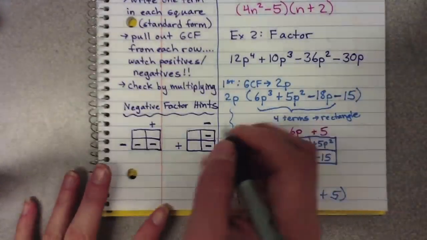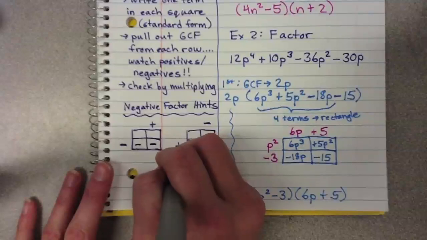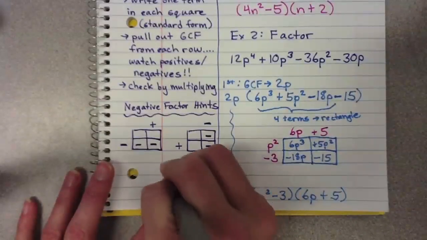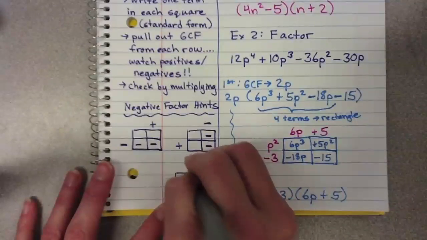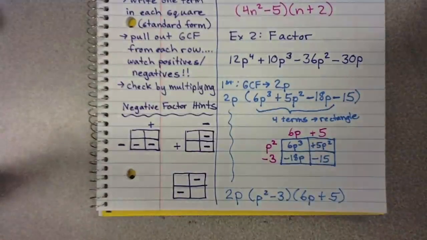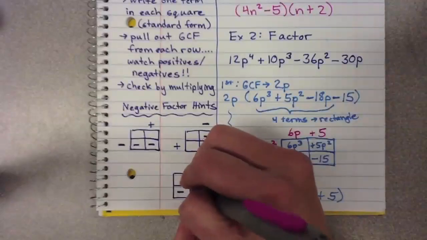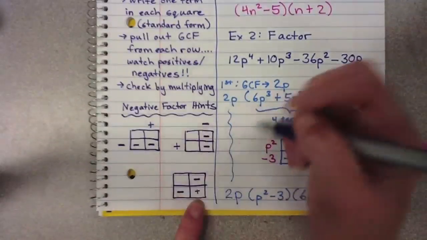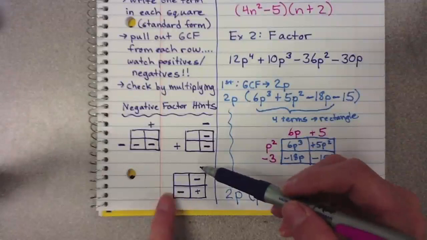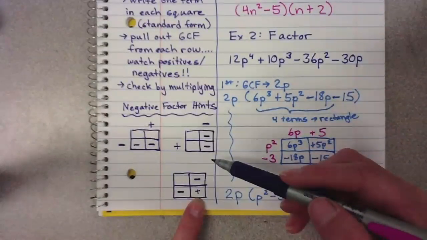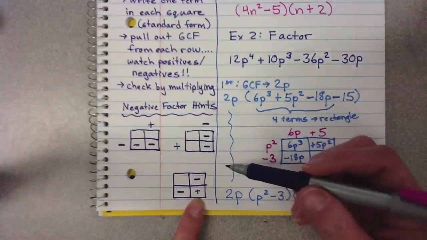And then the other one that you're going to see a lot is the diagonal, where you have negatives right here with these two terms, and then a positive here. How are you going to end up with negatives here, but then get to positive on that last term? Negative times negative is positive.